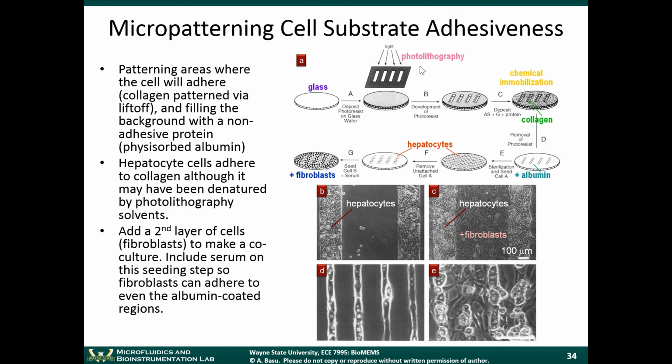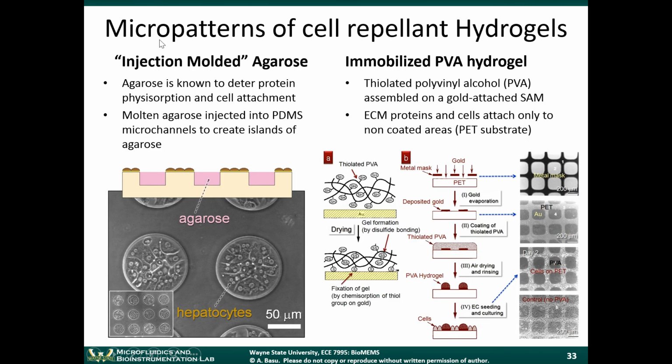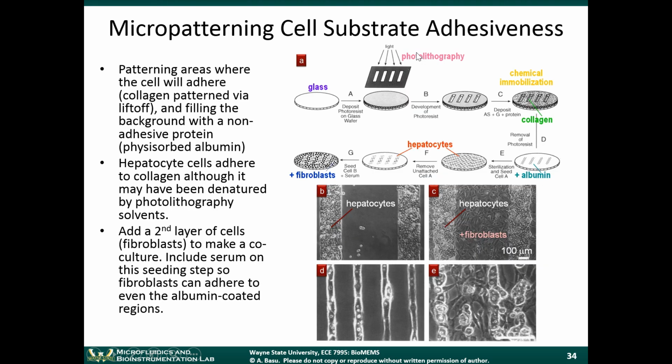Now, this is patterning repellent materials. You could do the opposite too. You could micropattern adhesive particles or adhesive surfaces. And this is an example of where you do that. So what are examples of adhesive molecules? Cells adhere to collagen.